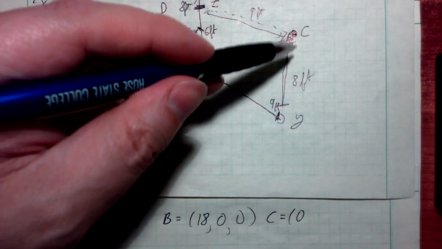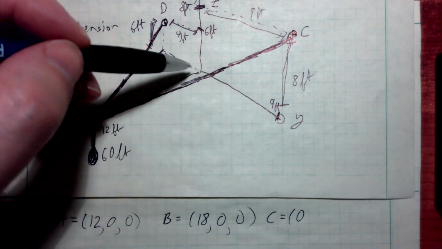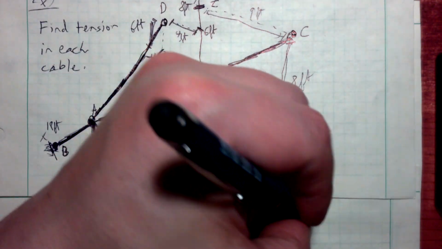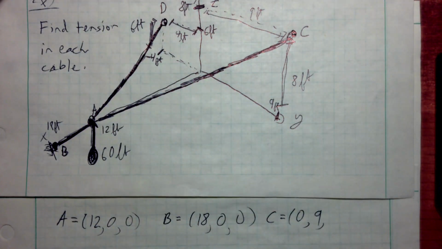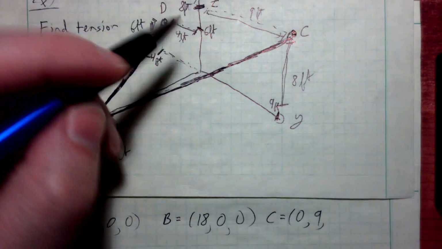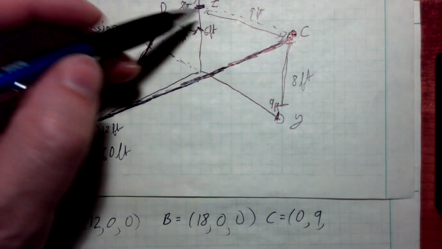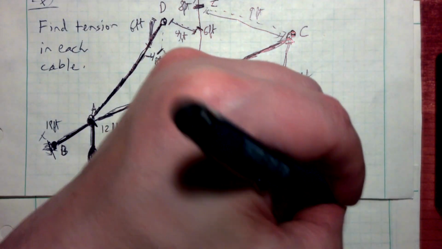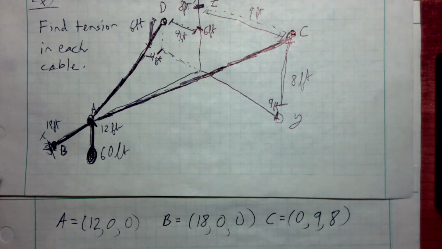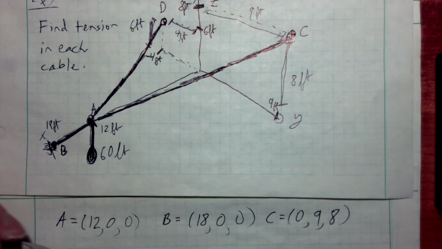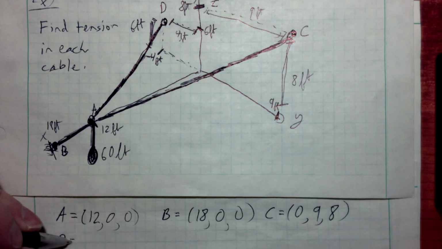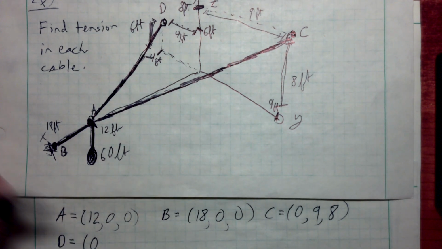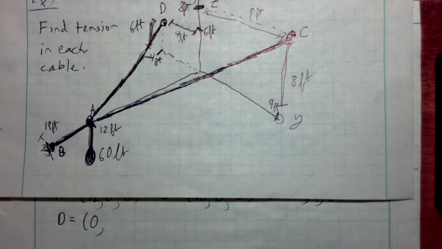Now, on the y-axis, it is 9 feet from the origin, so that is a positive 9. And then it is up 8 feet on the z-axis, so it is 8 feet above the origin. Point D is also on the zy plane, so it has a 0 x value.